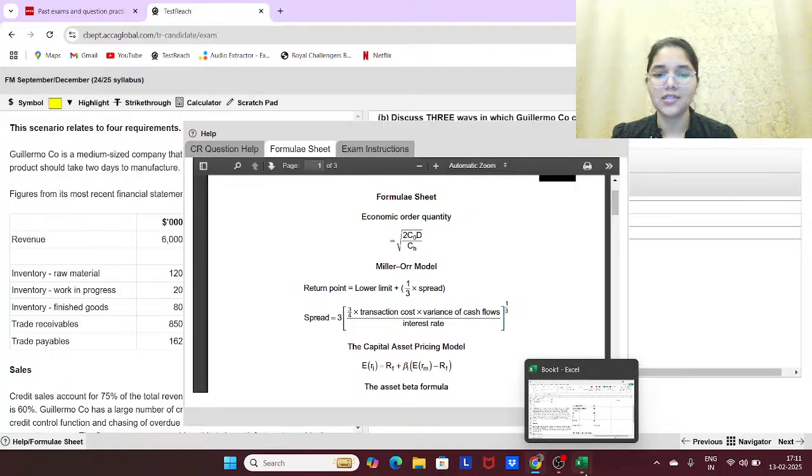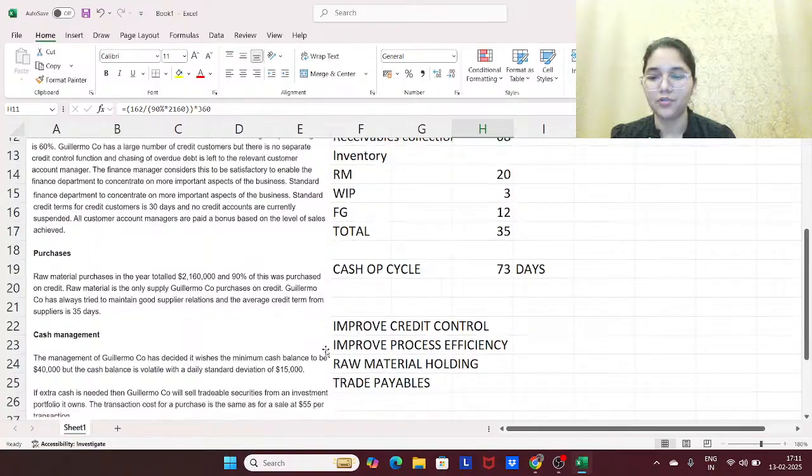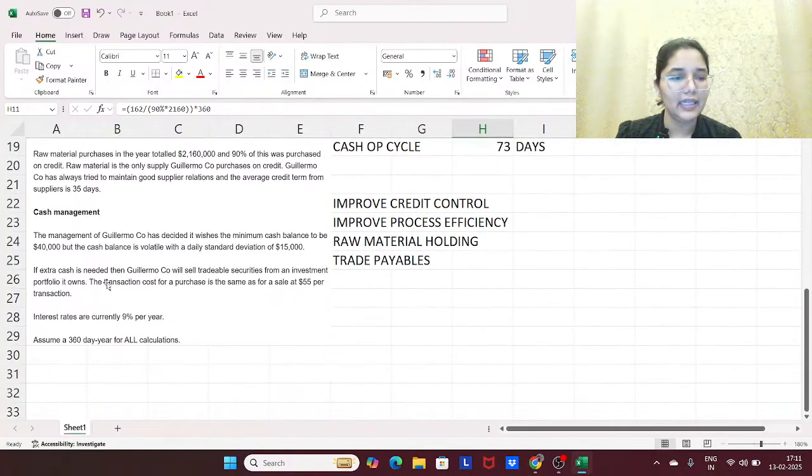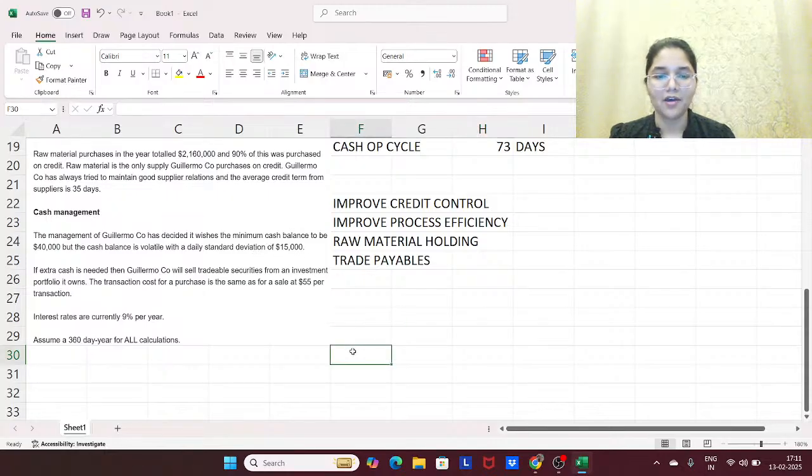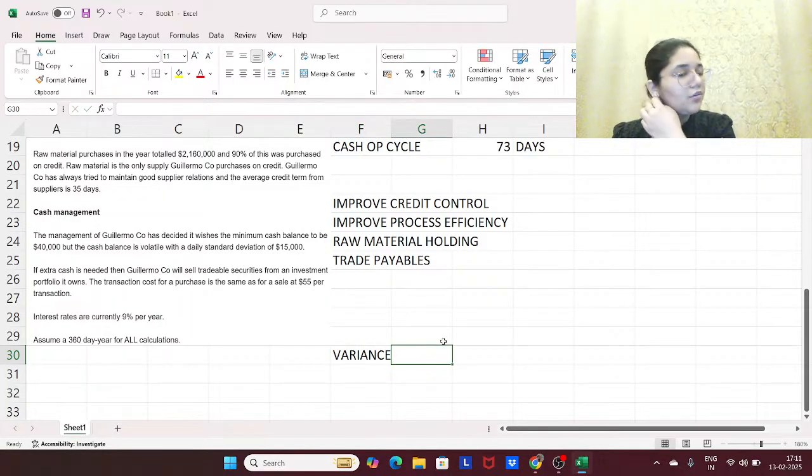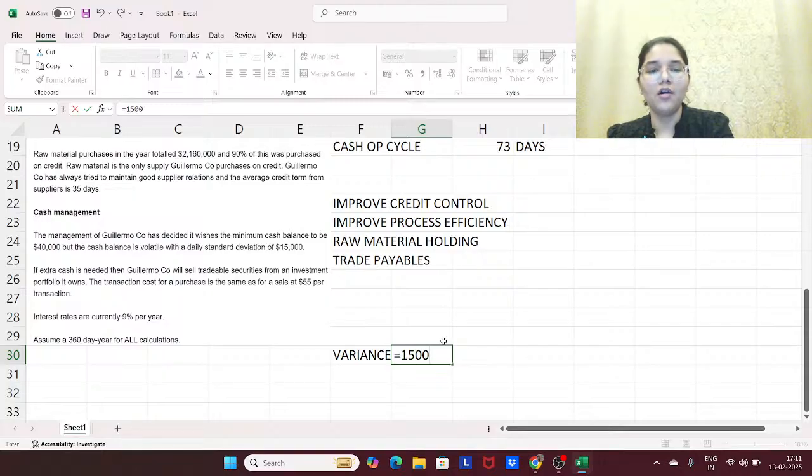So we will first use the information that is given to us. We were given the daily standard deviation of 15,000. Now if you people don't know, variance will always equal the square of your standard deviation. The formula requires us to use variance. So we will calculate the square of the standard deviation.